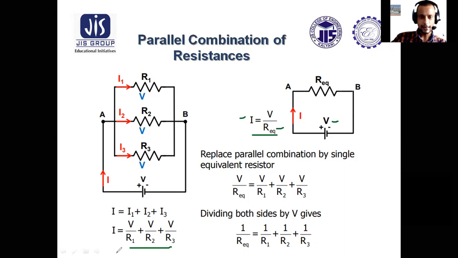Again we have written I equals V by R1 plus V by R2 plus V by R3. So V by R1 plus V by R2 plus V by R3 equals V by Req. By cancelling V from both sides, we get this equation for equivalent resistance calculation for parallel circuits.